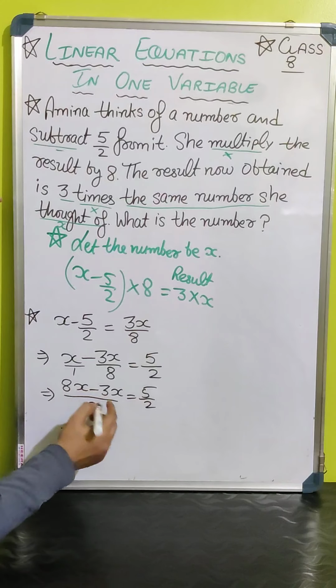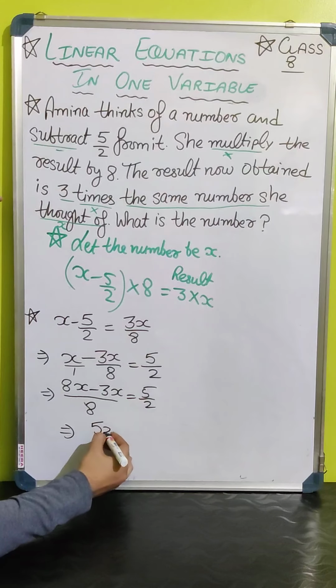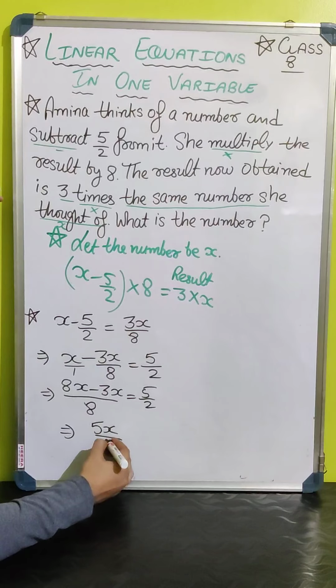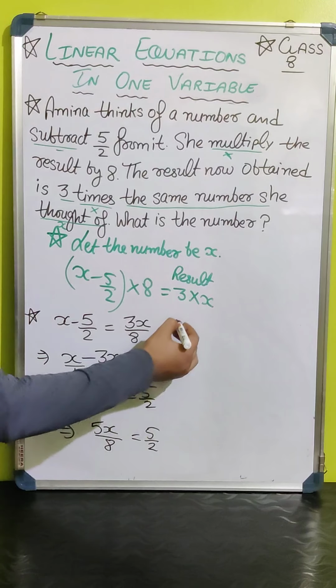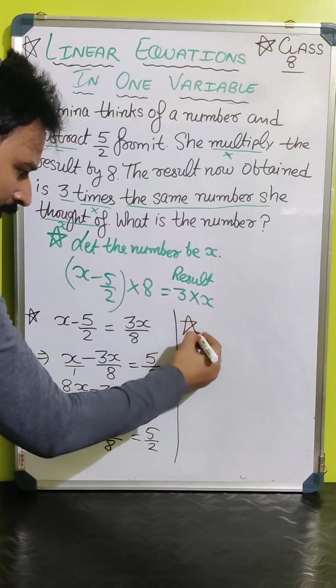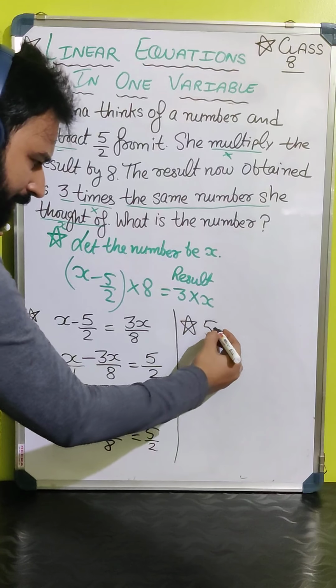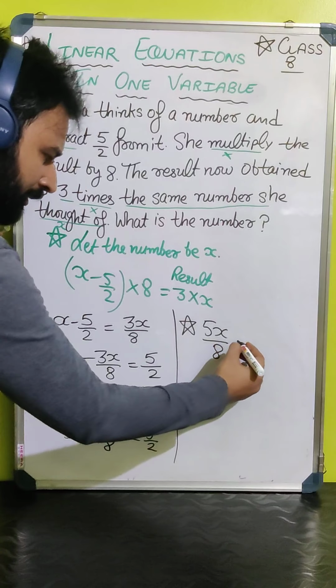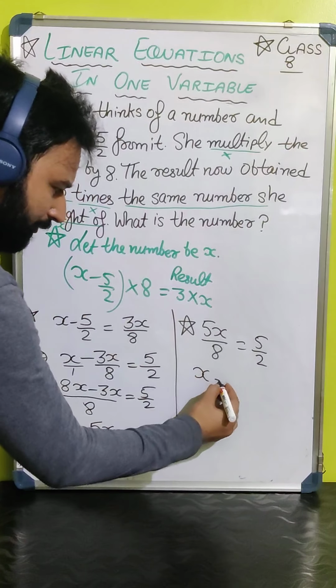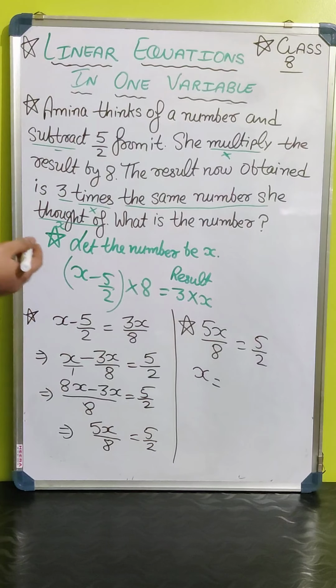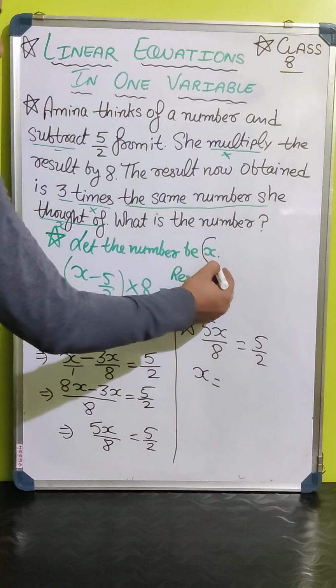The result will be 8x minus 3x, it is 5x divided by 8 is equal to 5 by 2. Now comes to the result. Now it is 5x divided by 8 is equal to 5 by 2. You have to find out the value of x only, because Amina thinks about a number x only. You have to find out the value of x.